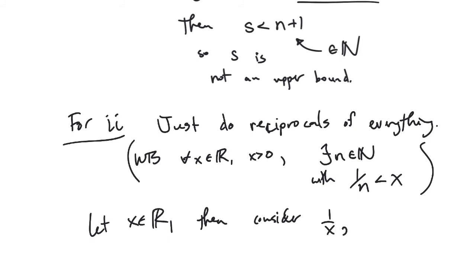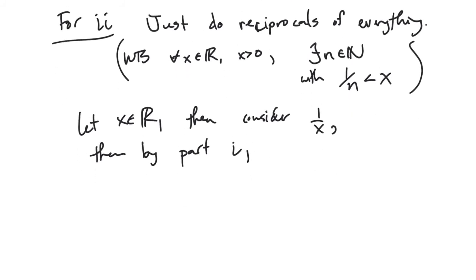Then by part 1, can anyone tell me what does part 1 tell us in this situation? Part 1 is about big real numbers. And 1 over x will be a big real number. So what does part 1 tell us?